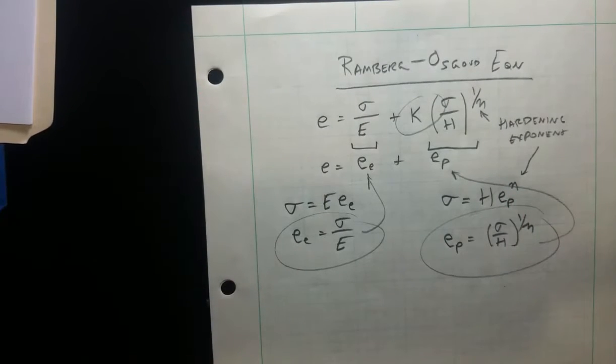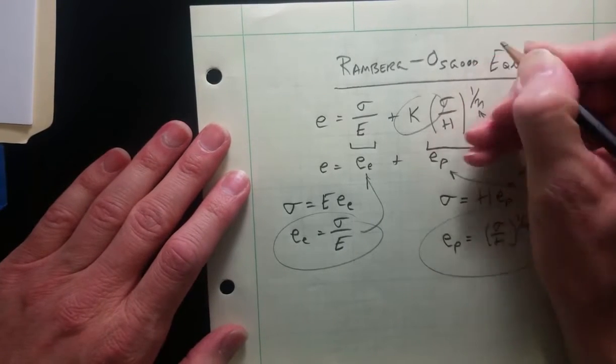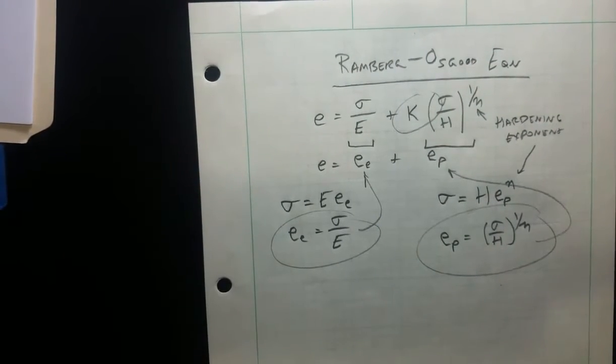And what makes this Ramberg-Osgood equation so useful is that if you have an analytic expression, then you can fairly easily do the integrals for talking about things such as toughness or resilience.